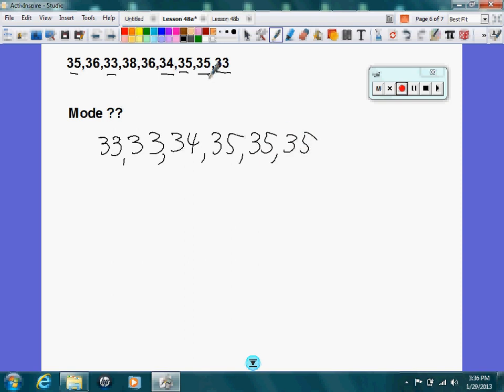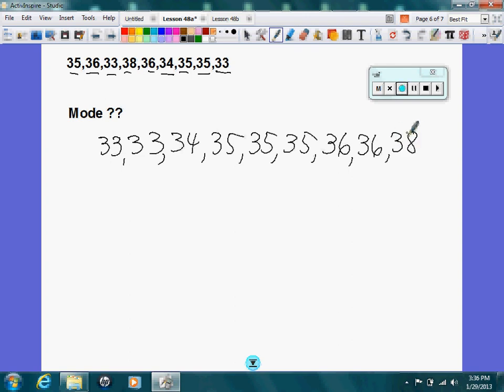We've got three 35s. Then 36, another 36, and a 38.